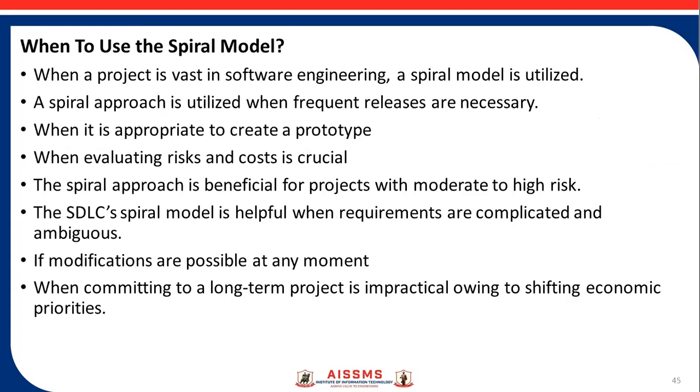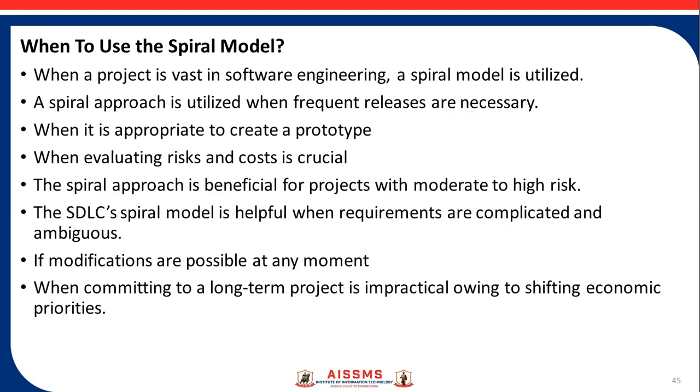Then next is when to use the spiral model, which is the main important concept. When a project is vast in software engineering, a spiral model is utilized. A spiral approach is utilized when frequent releases are necessary, when it is appropriate to create a prototype, when evaluating risk and cost is crucial. The spiral approach is beneficial for projects with moderate to high risk.